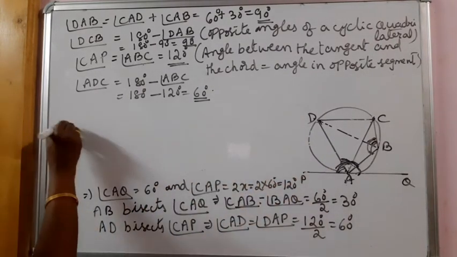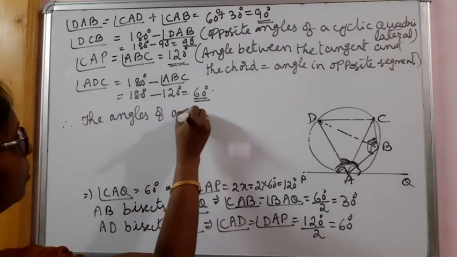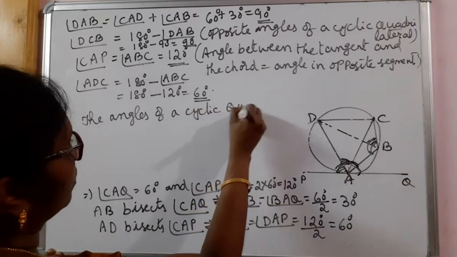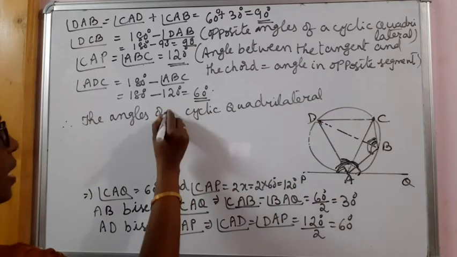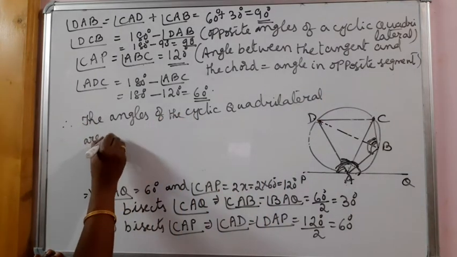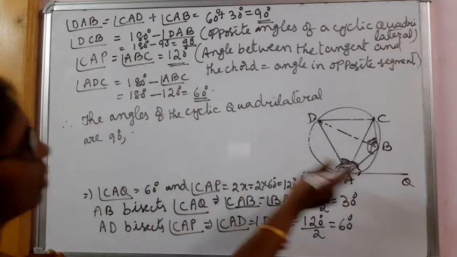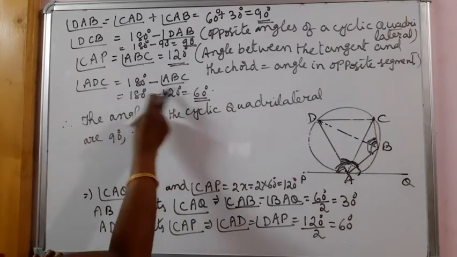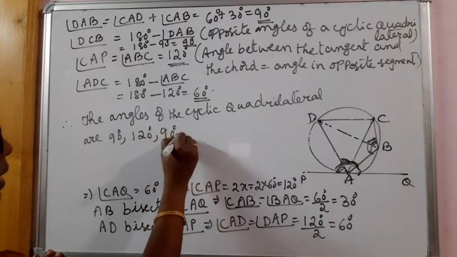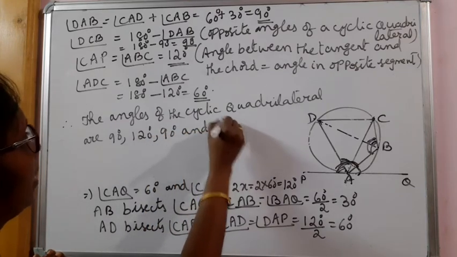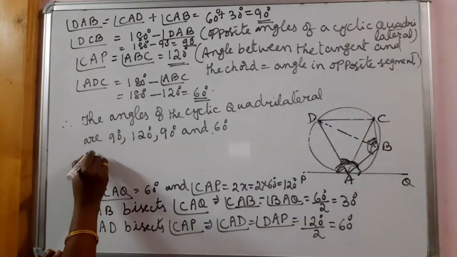Therefore, the angles of the cyclic quadrilateral are: A is 90 degrees, angle B is 120 degrees, C is 90 degrees, and D is 60 degrees. Okay. Now we have to show that BD is the diameter of the circle.